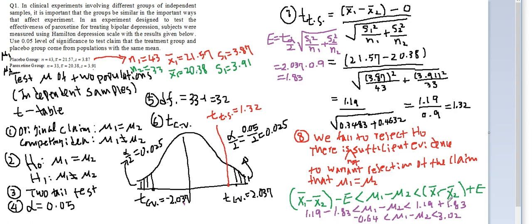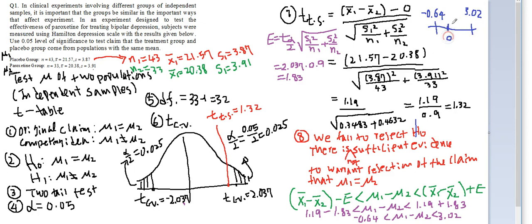Now, one thing that I ask you to the class is to recognize that if this interval contains the 0 here, in this case, if I just go back up here and show that interval, here's the minus 0.64, then you have the 3.02. So now the 0 is in between here, right?